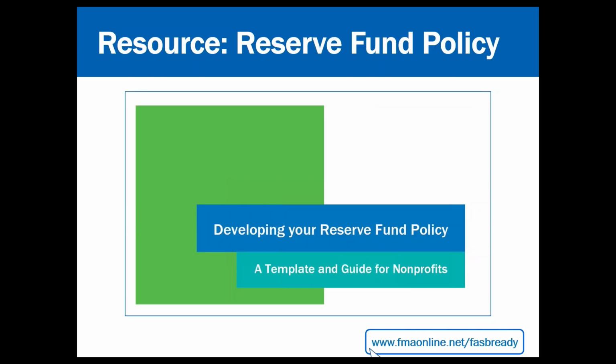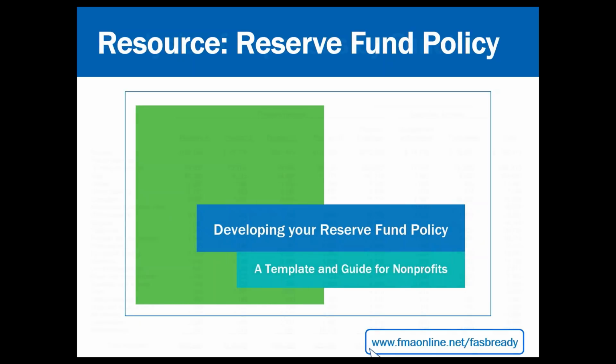So it is a template to sort of help you think through if it comes a point in time now that we've got to talk about liquidity, disclose in greater detail policies around endowments and reserves, because this is what's now being required by FASB. We can start with this FASB Ready toolkit. If we need further resources around reserves, we can look to this template and guide as well. Okay, so we can use them together to get the information we need.